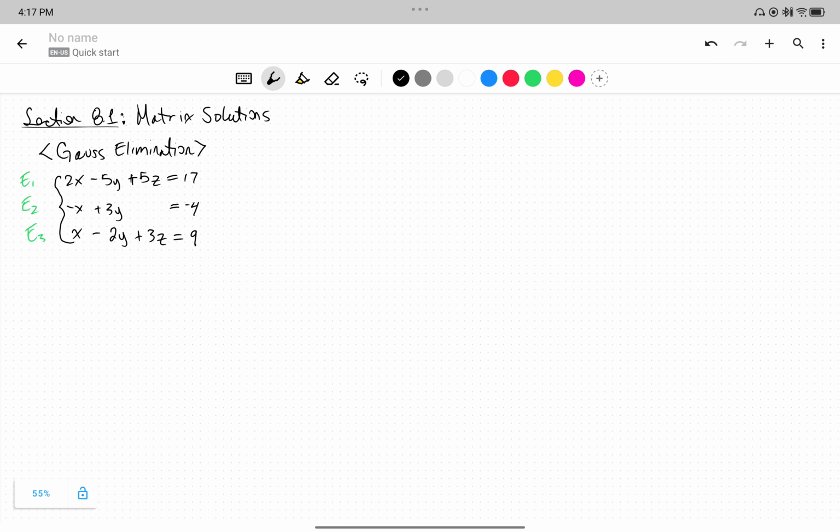The process that we used was called Gauss elimination. I even wrote up here the goal, which was to get a bunch of ones and zeros. After all the work, and it took exactly 6 steps, this is the result we had.